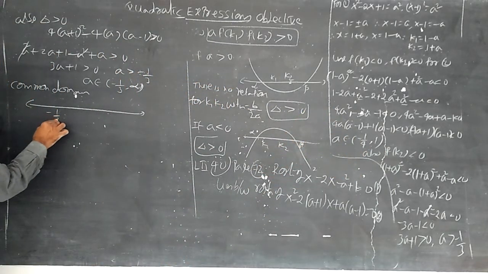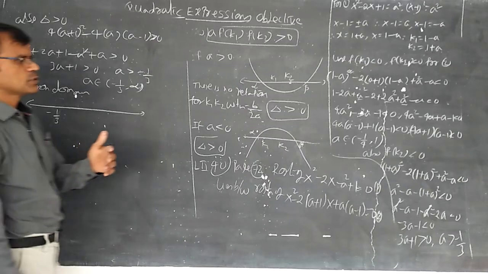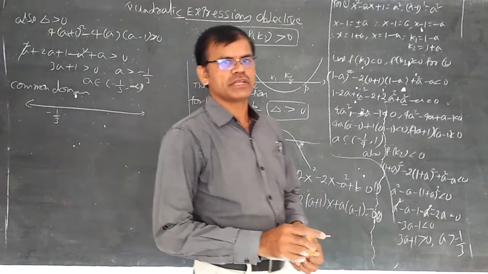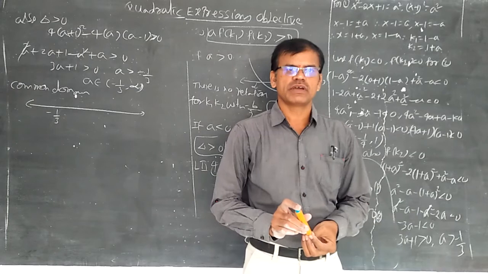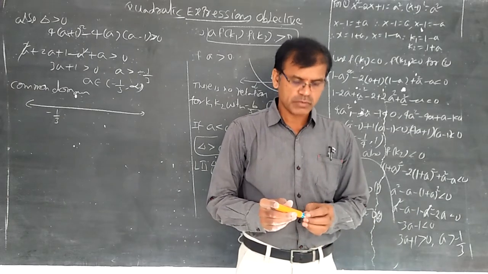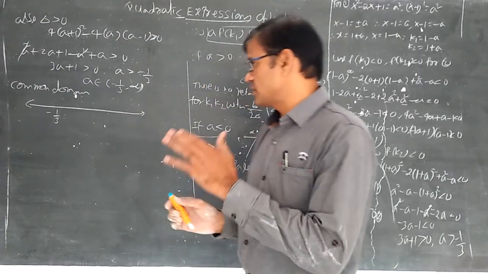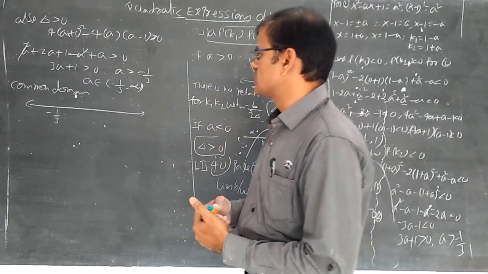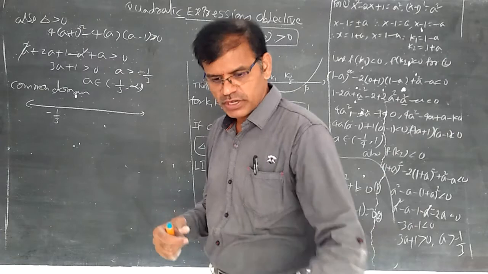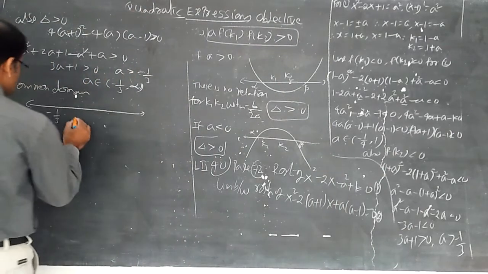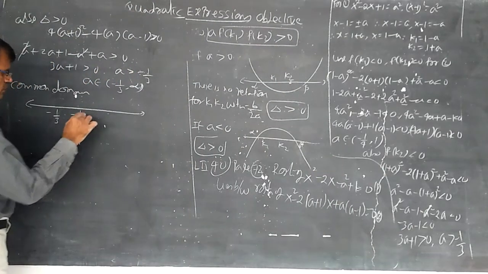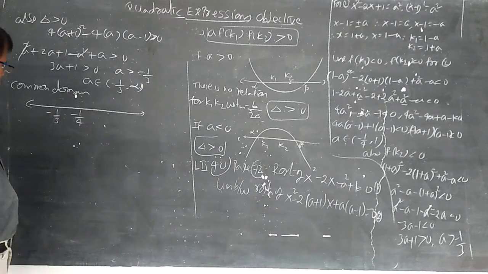So minus 1 by 3 is minus 0.33 and minus 1 by 4 is minus 0.25. Minus 0.33 is lesser, minus 0.25 is greater, so minus 1 by 4.